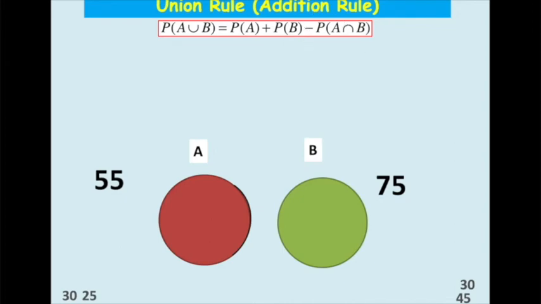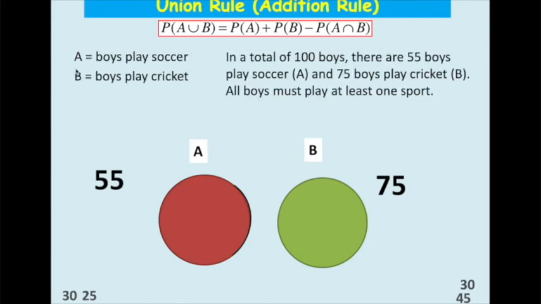Okay, now before I continue to explain, I will ignore probability for now. I'll just focus on the number of elements in the set. Let A be the number of boys who play soccer, and B be the number of boys who play cricket.